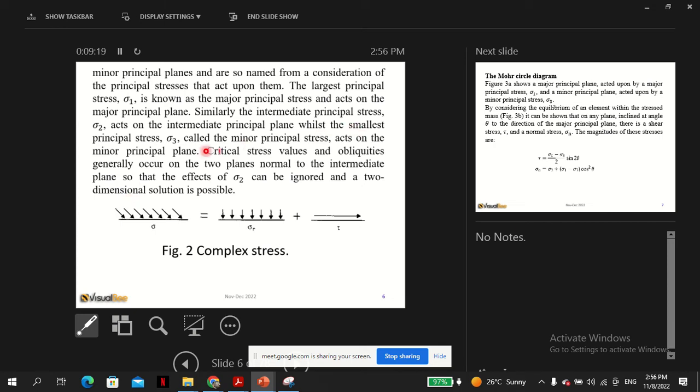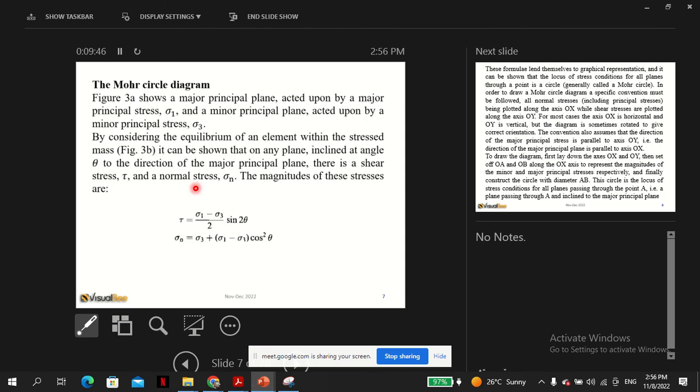The critical values are just sigma 1 and sigma 3. We are interested in either the maximum or the minimum. So those are the critical values, and for that reason we can safely ignore sigma 2.